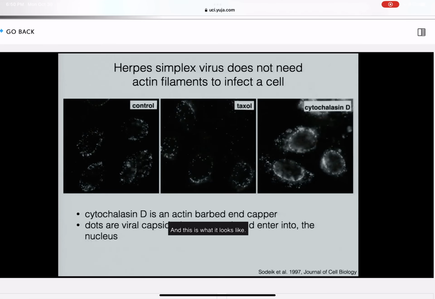Okay, and so if you influence actin, you're not going to influence viral infection. And this is what it looks like. So here's cytochalasin D added to the cells, and you're still getting viral capsids localizing around the nucleus in this last picture. Okay, and so you're still able to get there.